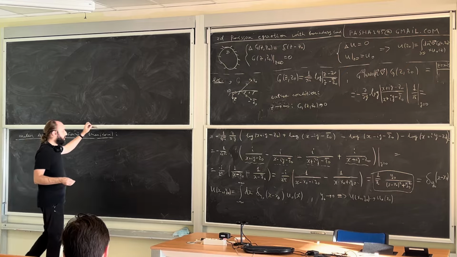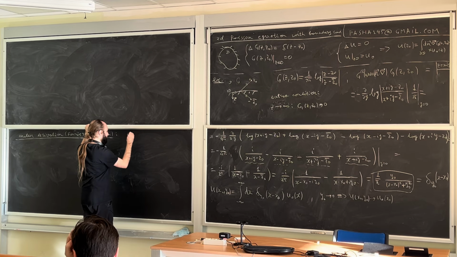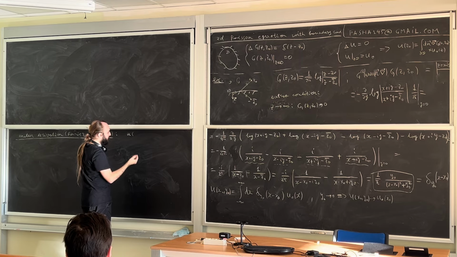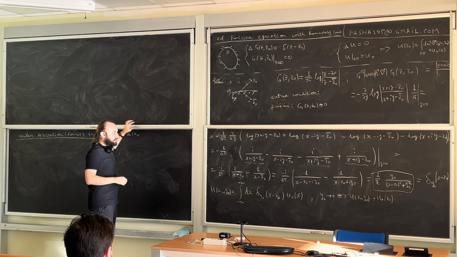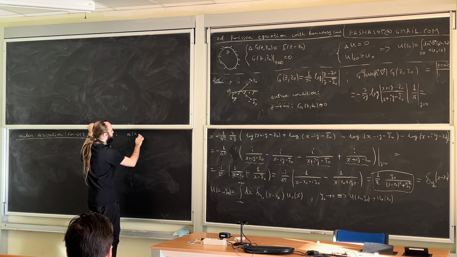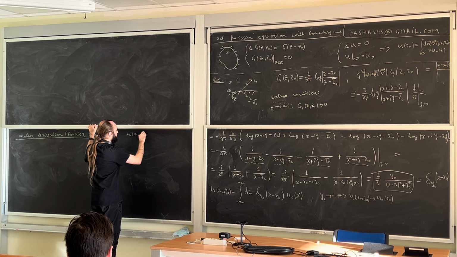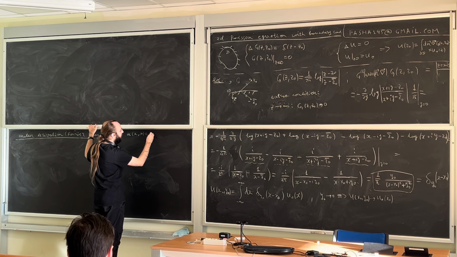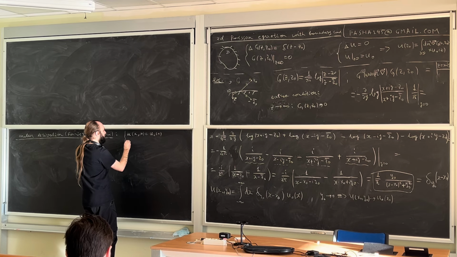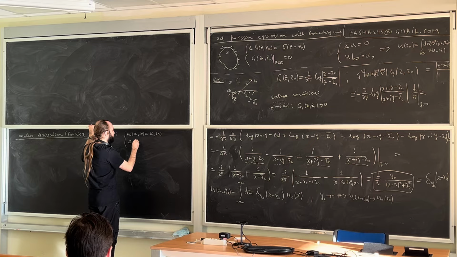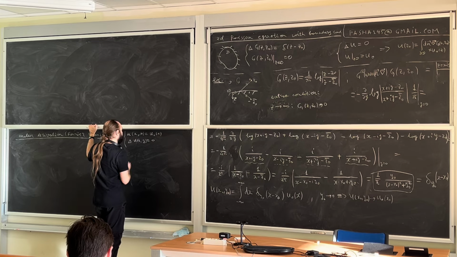Let me write it. So u of x 0 should be u0 of x, and the Laplacian of u of x y should be 0.